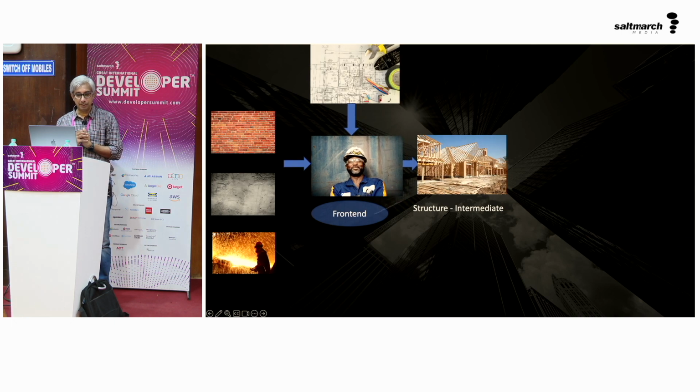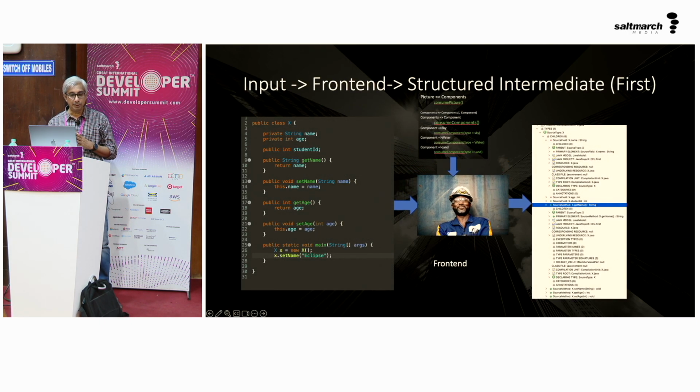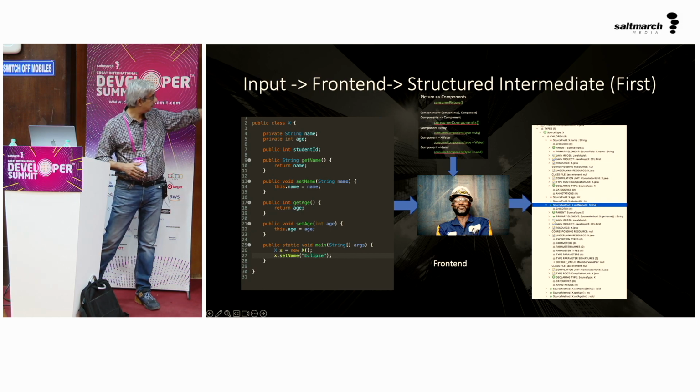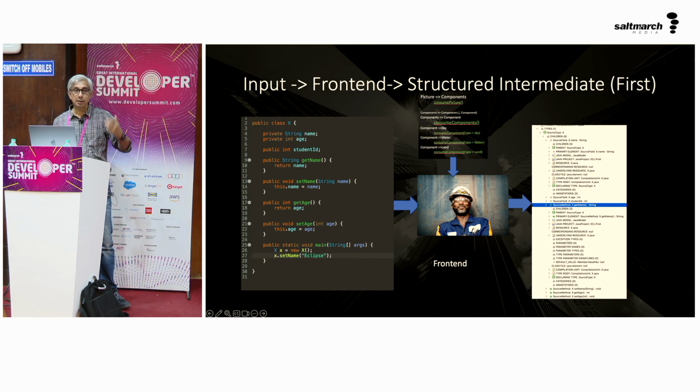Now that said, this is our front end, and what does the front end translate? It translates the source code coming into Java, looking at a specification, the blueprint, into an abstract syntax tree, which is visible. This is something you can look at.